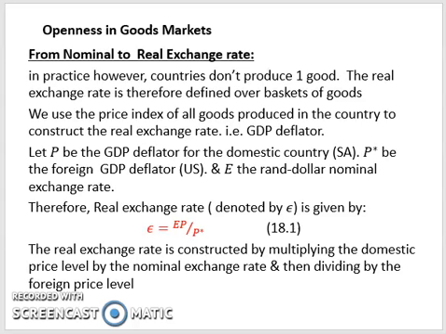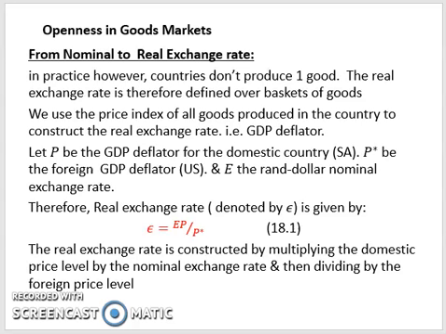So the computation we just went through tells us how to proceed with the actual practical computation of the real exchange rate. So rather than using the price of a Cadillac and the price of a Volkswagen, we must use the price index for all goods produced in the United States and a price index for all the goods produced in South Africa. So this is exactly the GDP deflator we introduced in Macroeconomics 2 in Chapter 2.